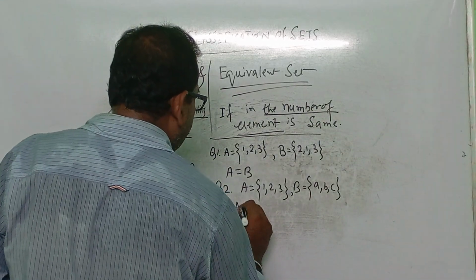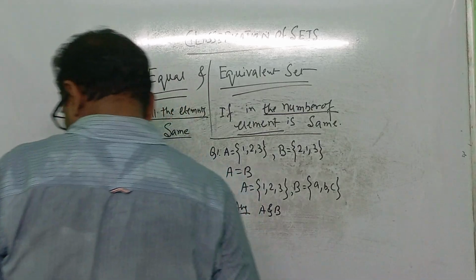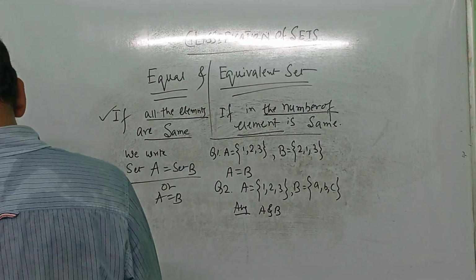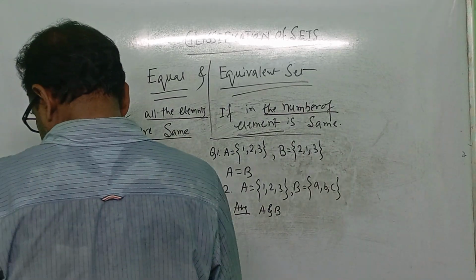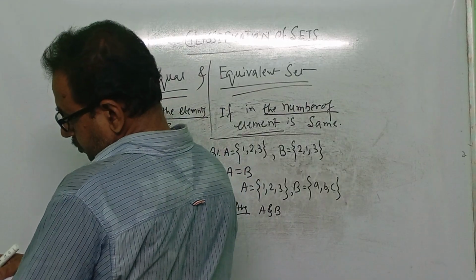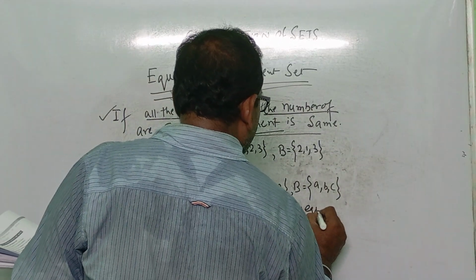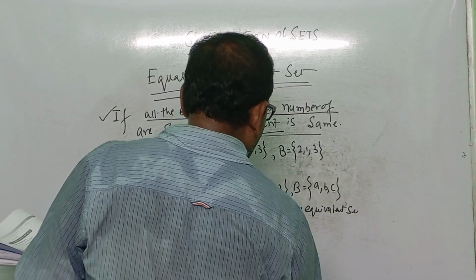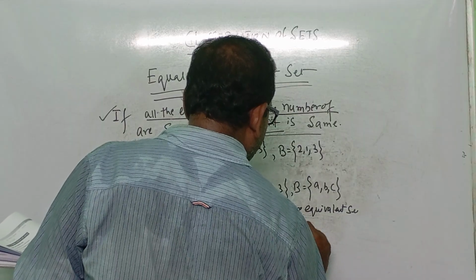So the answer is A and B are equivalent sets.